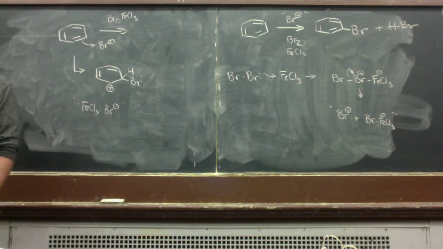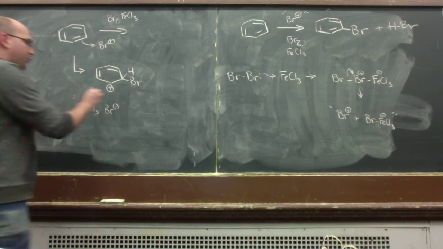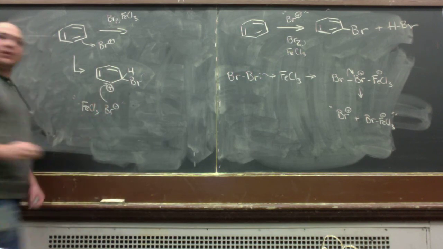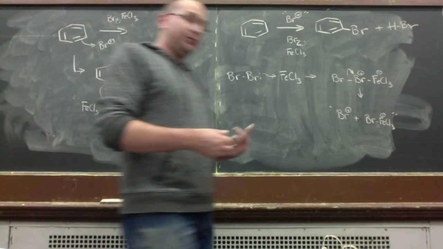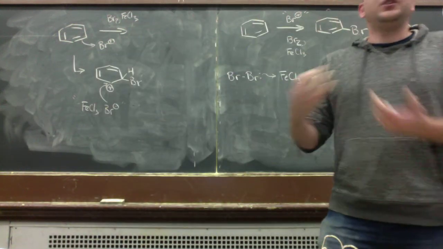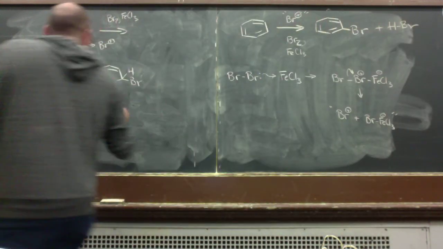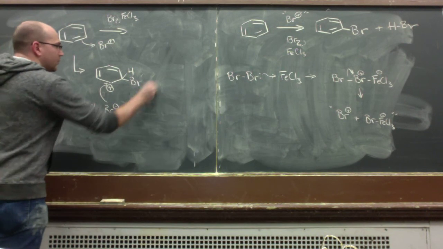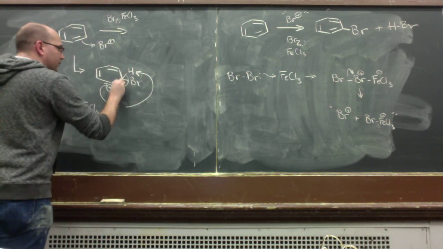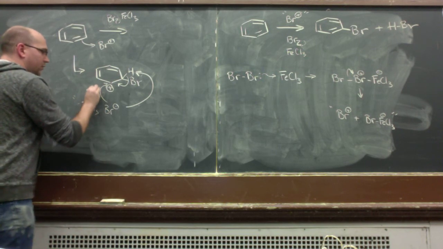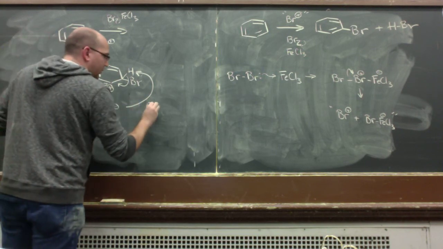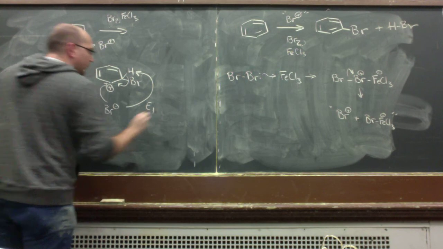The bromine has two options here, right? That bromine could either attack here, just as it would with, say, an alkene, where we generate the dibromide. Or what we can do is E2 chemistry. So SN1 or E1. Okay?